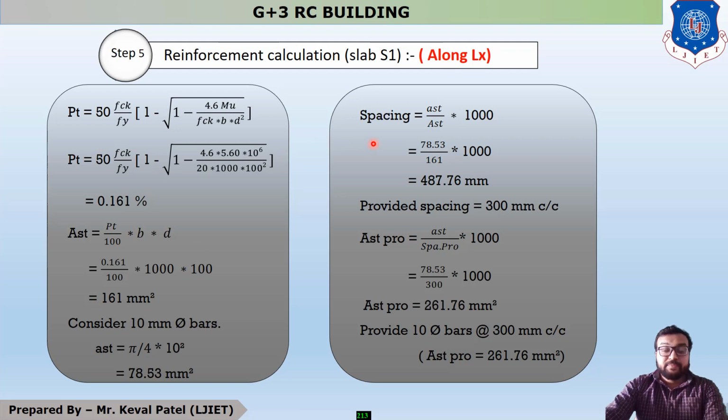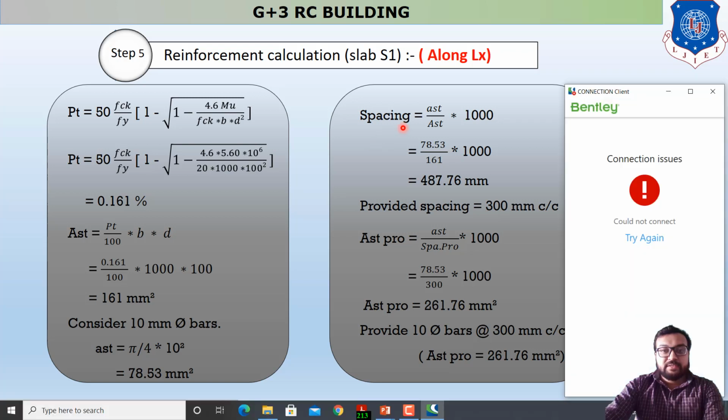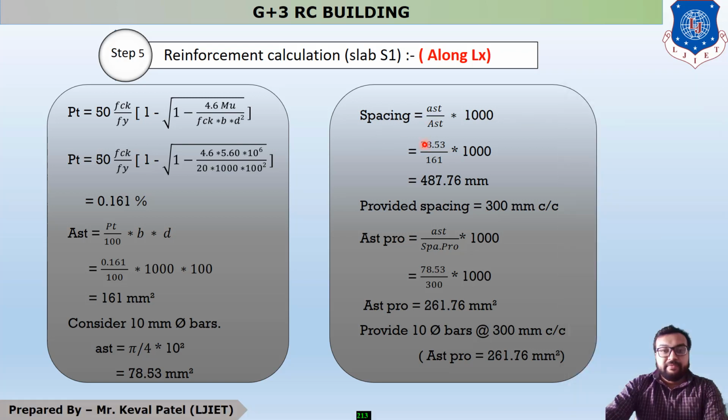Now next step is spacing. The equation of spacing is small ast divided by capital AST into 1000. So students, your value of small ast: you all know that we have to use 10 mm diameter reinforcement. Okay, so what is the area of 10 diameter? The area is pi by 4 into 10 square, because reinforcement has a circular section.